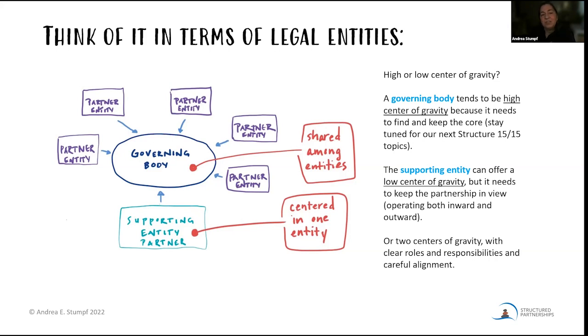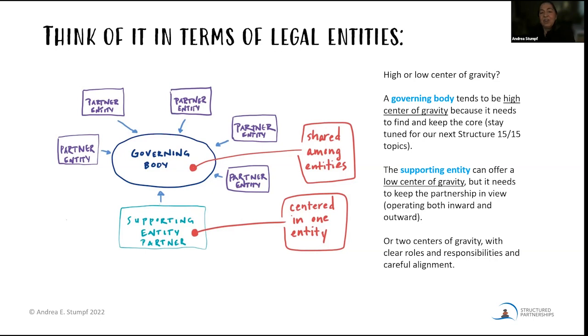Putting the center of gravity in the supporting entity, by contrast, is a way to very effectively lower the center of gravity. It gives you a certain amount of simplicity. You know who's responsible. You've deferred or delegated to the trustee or the secretariat. There's day-to-day availability on the part of staff.